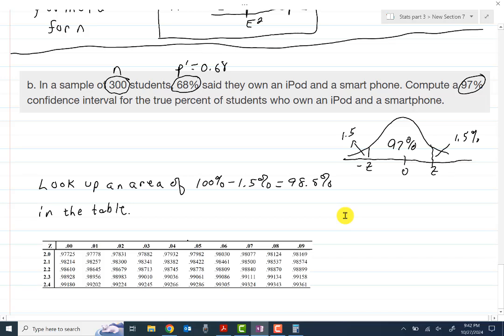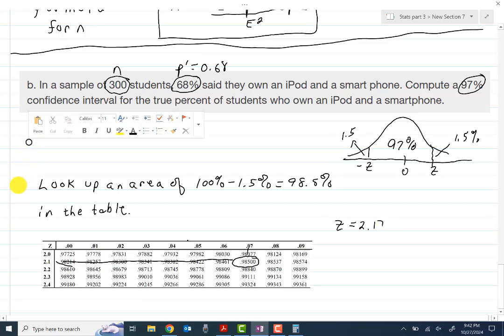Here's the relevant portion of the table. Let me see if I can find 0.9. Oh, look at this. 0.985 is right there. It looks like we are at 2.17. So z equals 2.17. Now let's grab my formula.